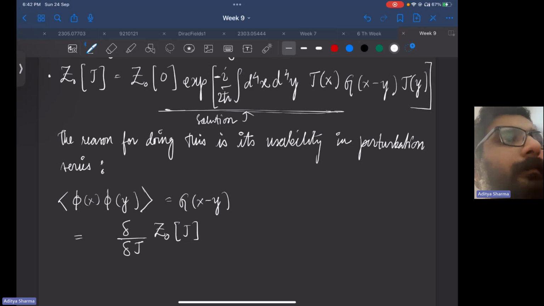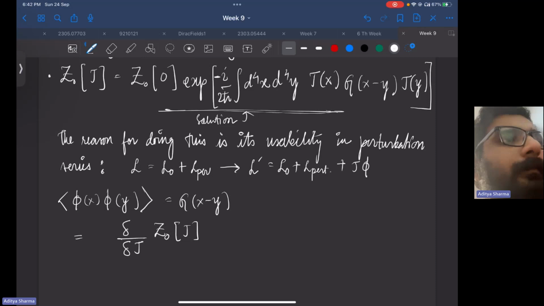and then you're going to do some series. You will have the action with Lagrangian L naught plus L perturbation. You're going to modify it to L prime, which is L naught plus L perturbation plus J phi.